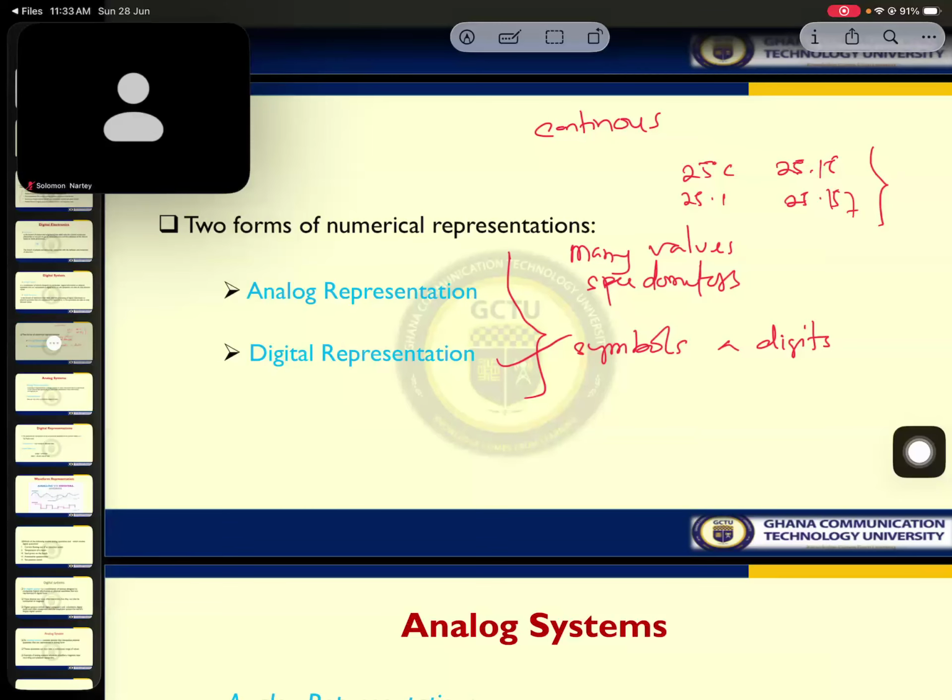It does not show all the infinitely small changes between 2 minutes. We can also have what we call a 10 position switch. A 10 position switch is also digital because it has fixed positions.